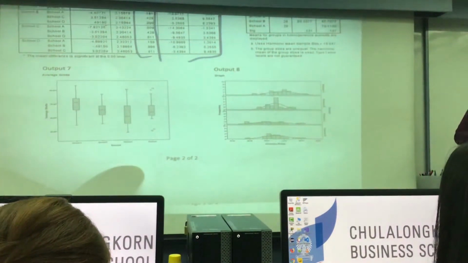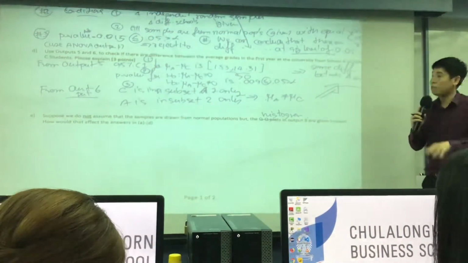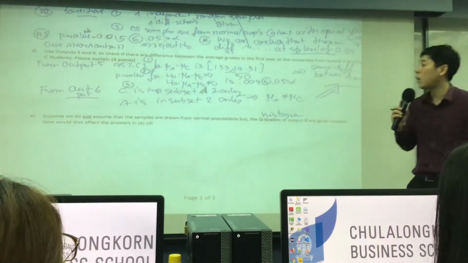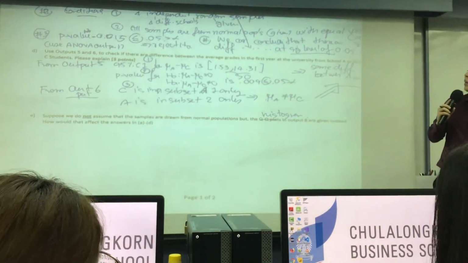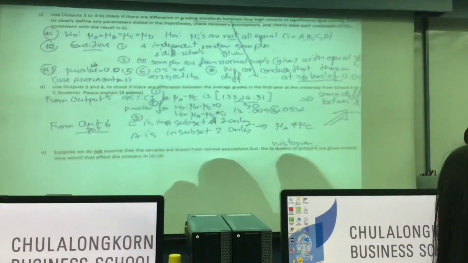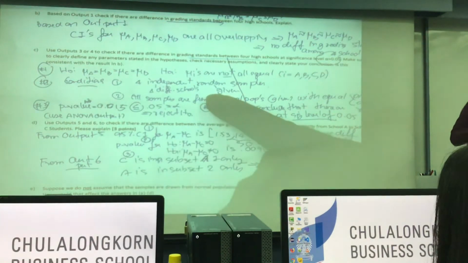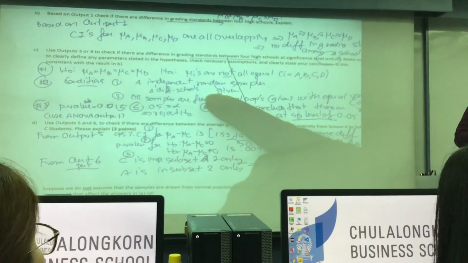Keep in mind that this one only asks, how does that affect A to D? A to D, if they are not normal, meaning that this one you have to go back to use Welch. Okay, right?